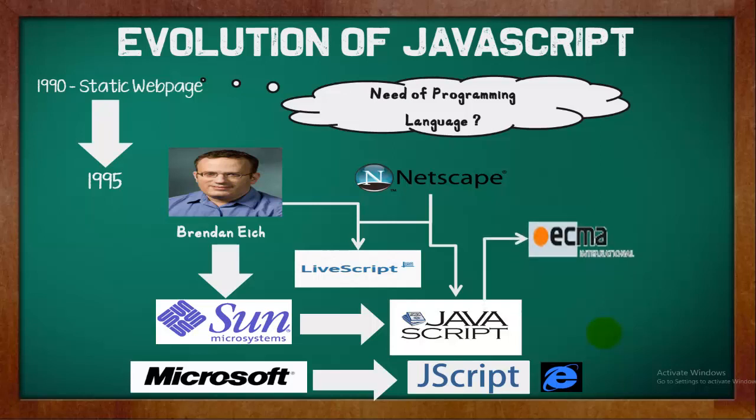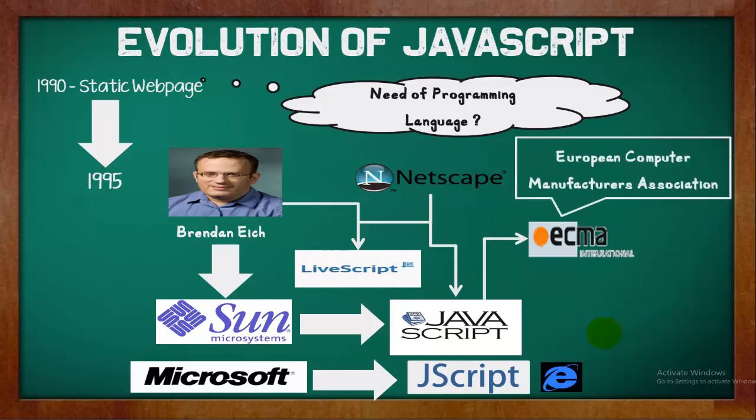In order to standardize JavaScript, there is an organization known as ECMA International. ECMA stands for European Computer Manufacturers Association. They have to standardize the language. Now, what is the meaning of standardize? If I'm buying gold, it has to be standardized by hallmark. If I buy food products, they have to be certified by AGMARK or ISO grade.